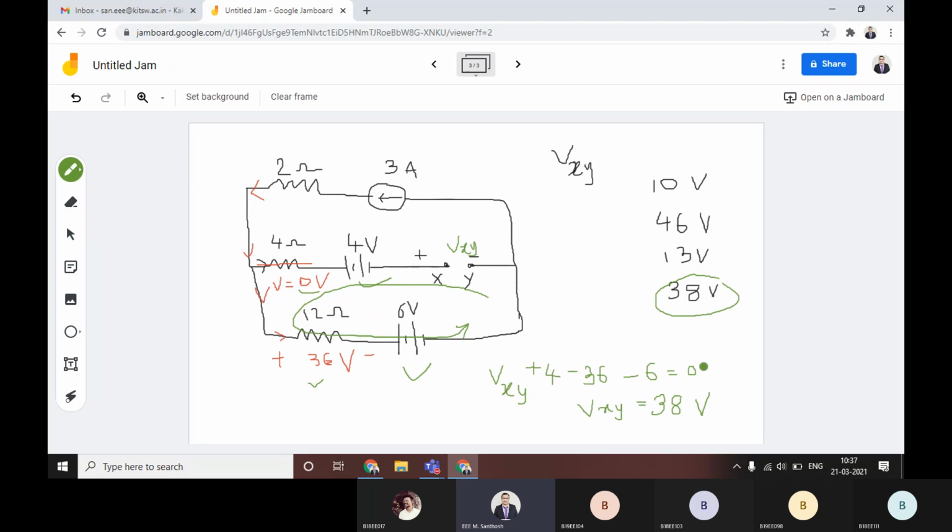The circuit is looking complicated, but if you understand, it is very easy one. Is that okay? You understood? You have any doubt? If you're not understanding, I'll explain once again in a different way.